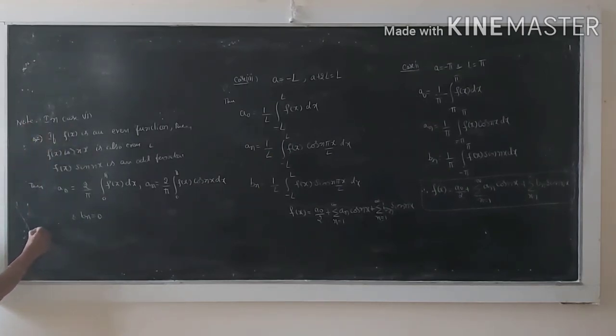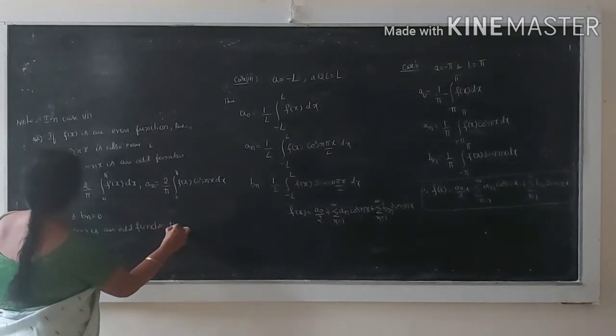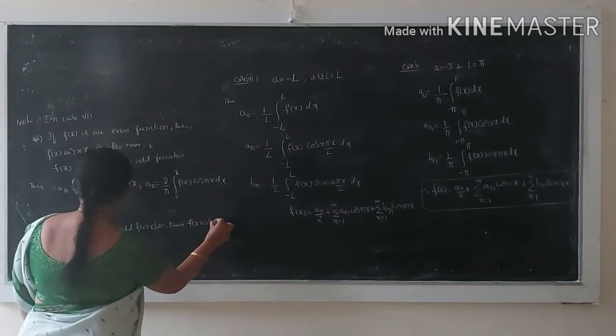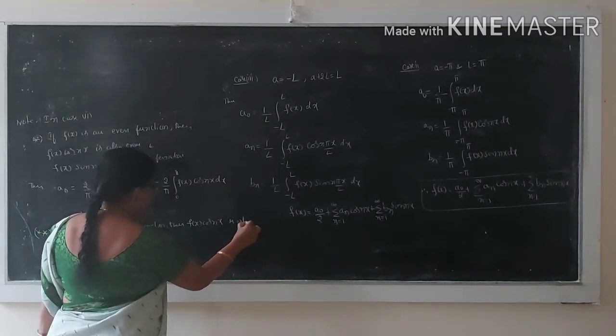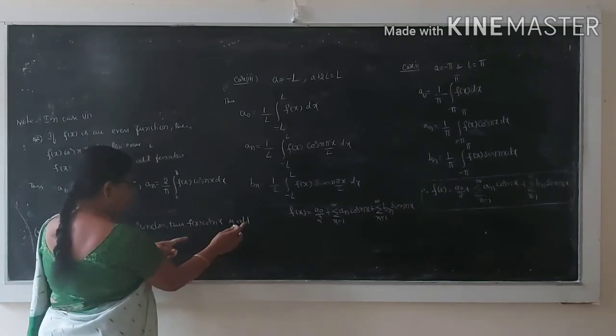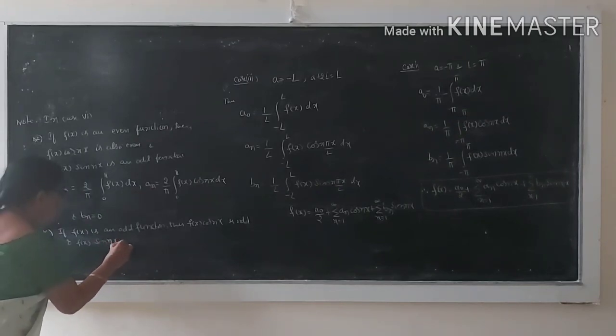If f(x) is an odd function, then f(x) into cos nx is odd, since cos nx is always an even function and even into odd will become odd, and f(x) into sin nx, that is odd into odd, is an even function.